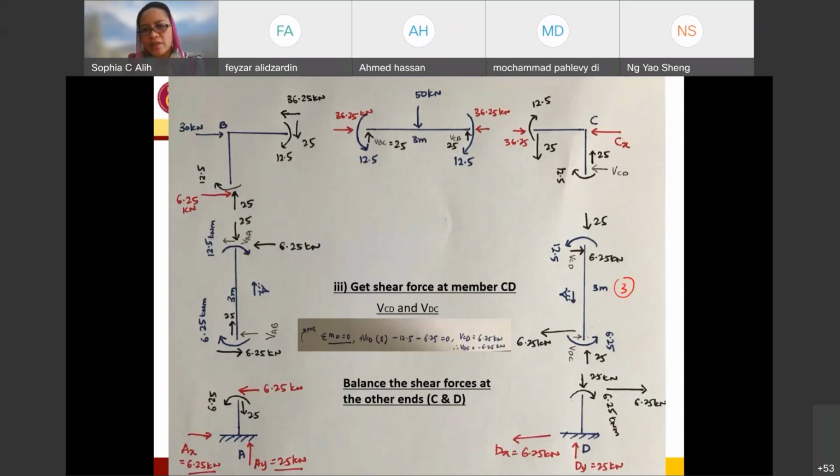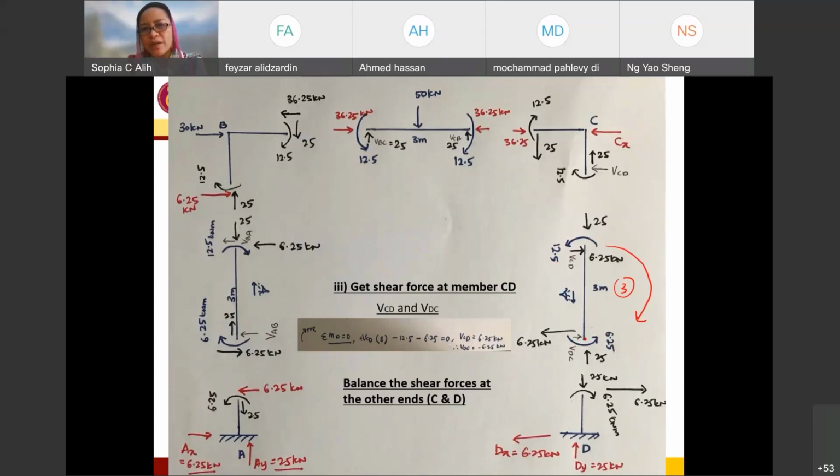So similarly, I will have to take moment at D equal to 0. Since this one follows this direction, it is going to be clockwise. So VCD positive times moment arm 3. And I have this one counterclockwise, so it's going to be negative 12.5, and this one also counterclockwise, negative 6.25, equal to 0.